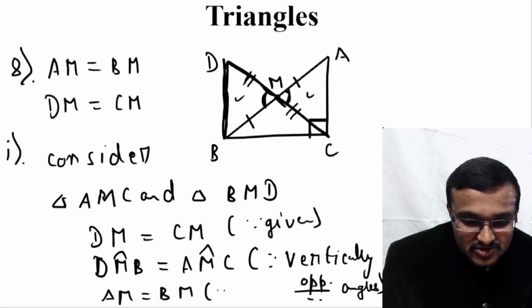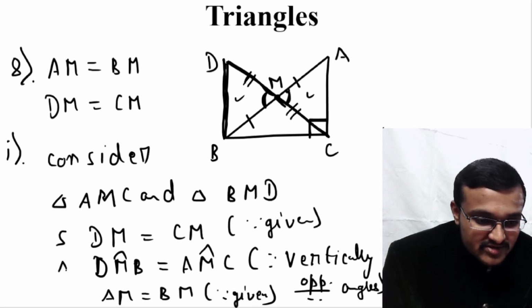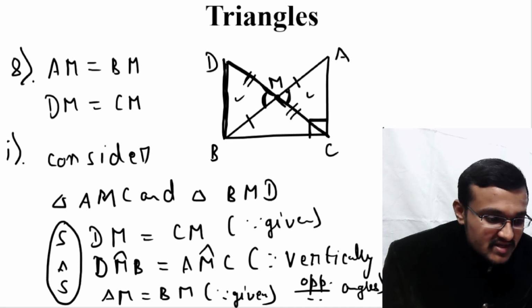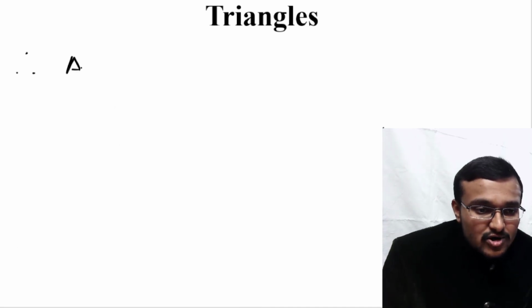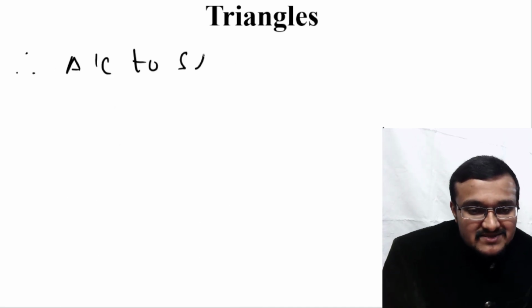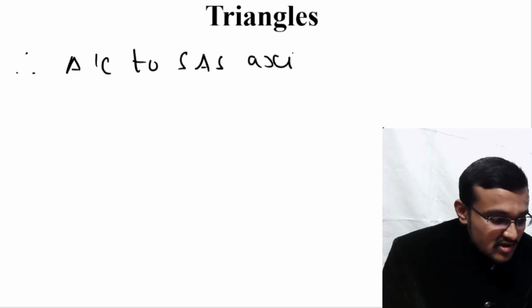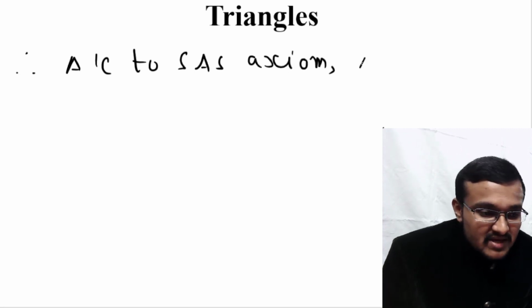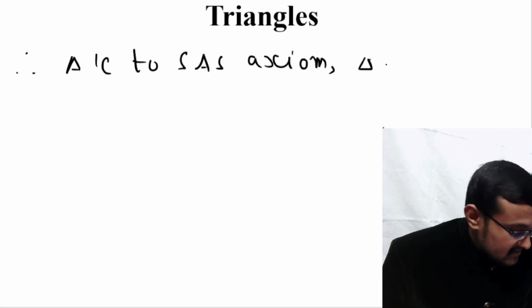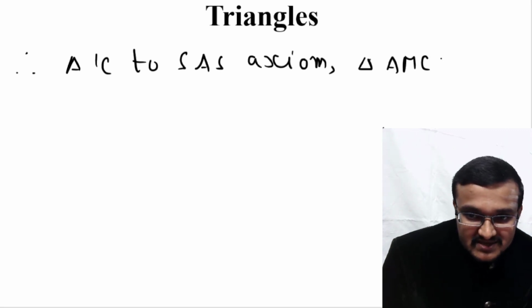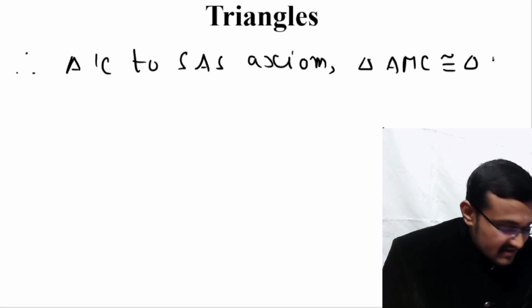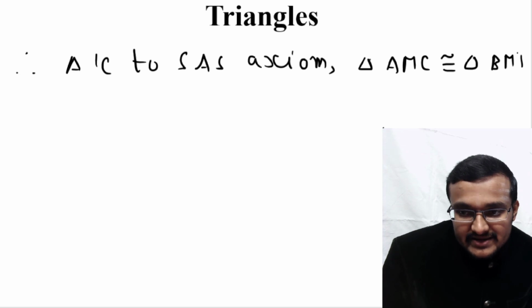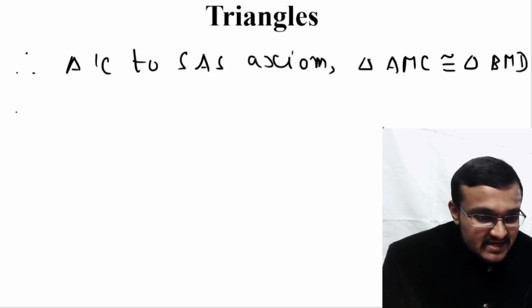So this is also given. So that means according to SAS axiom, this particular triangle AMC is congruent with triangle BMD. So now we have proved these two triangles are congruent.